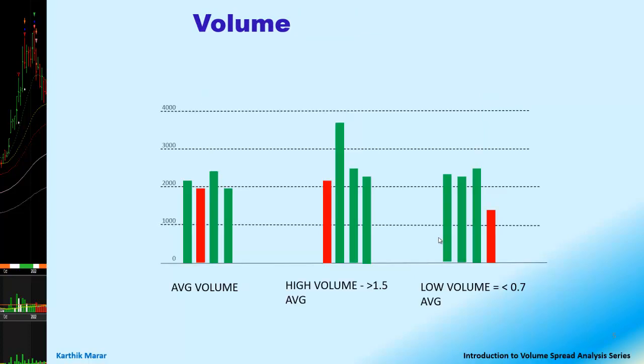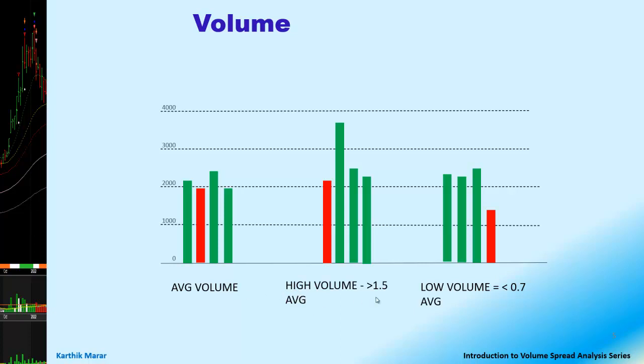Now let's come to the volume. In a similar manner to what we did for the spread, we need to calculate the average of the volume for the last 60 bars. Here again, we will have 3 parameters: the average volume, high volume, and low volume.